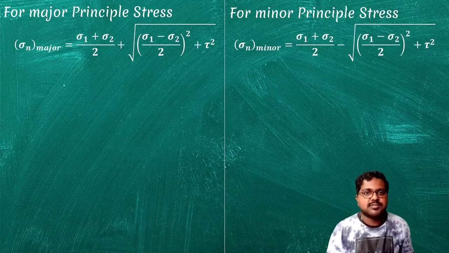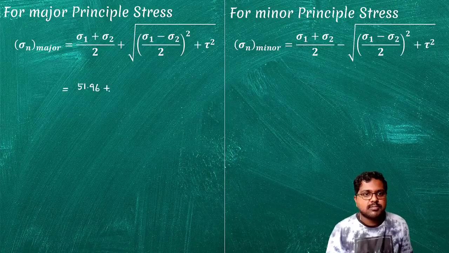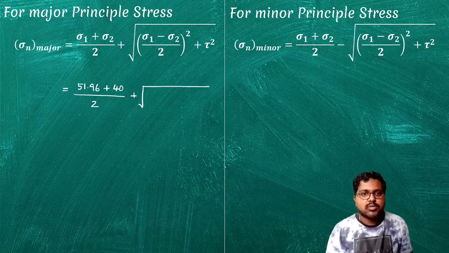Sigma n major equals 51.96 plus 40 by 2 plus under the root of (51.96 minus 40 by 2) whole square plus 30 square.